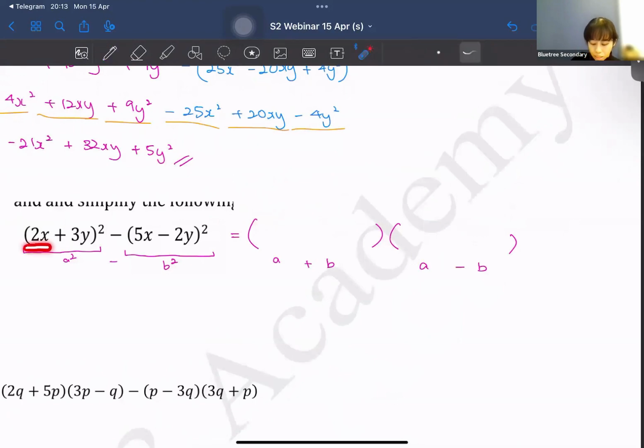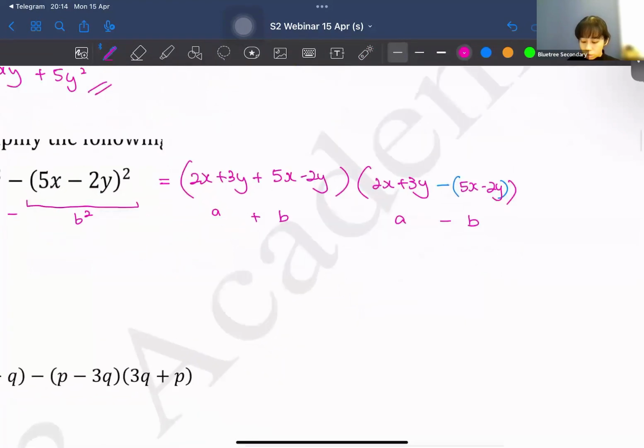So my entire a is this 2x plus 3y. I'm going to put that in first. And my b is this 5x minus 2y. Common mistake over here is you need to subtract your entire b. So you must make sure you have brackets for this b such that your negative will apply to the entire 5x minus 2y.